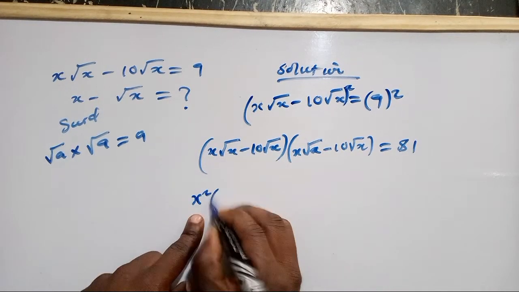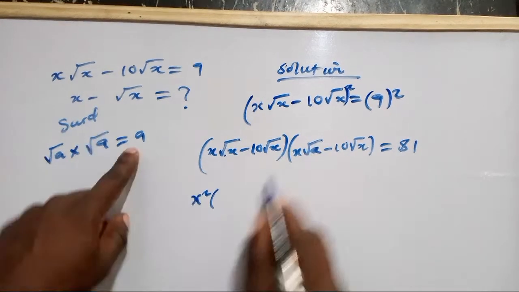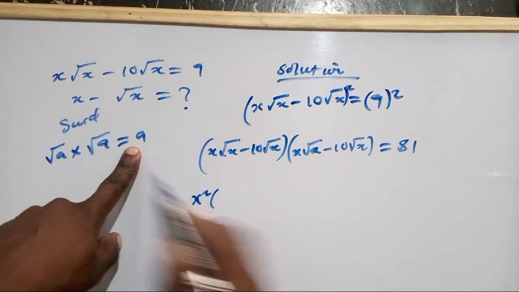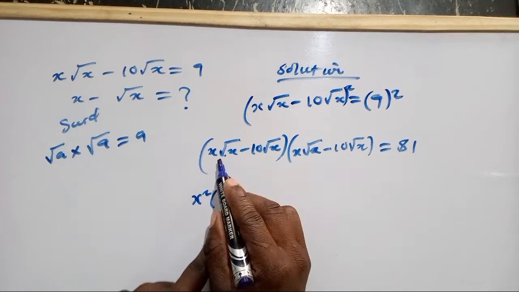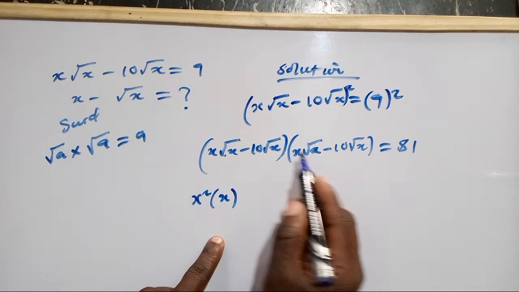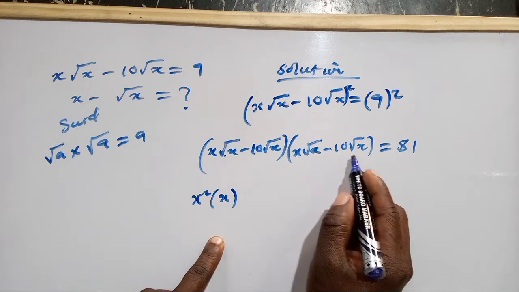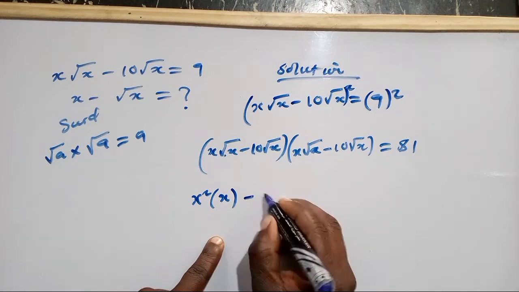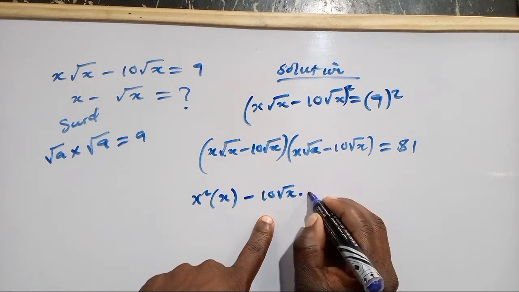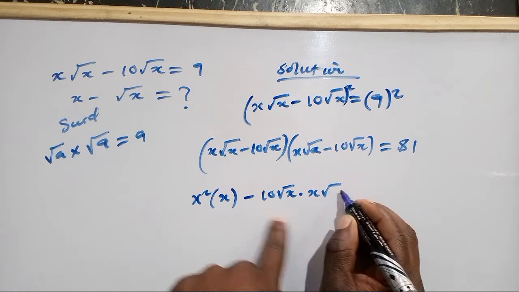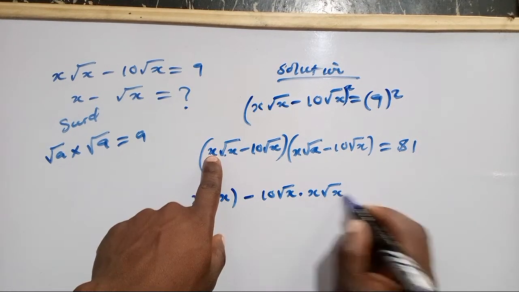So we're going to have x squared, then open bracket. When you multiply root x by root x, you are going to have x. Then root x multiplied by minus 10 root x, we are going to have minus 10 root x multiplied by x root x, right?